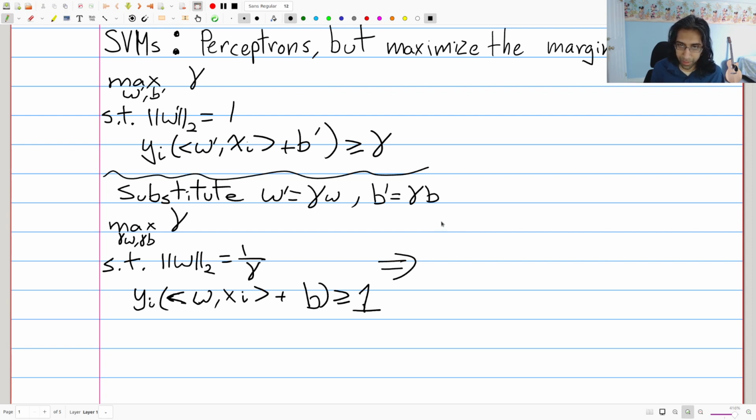I'll do this in two steps. The first step is eliminating this constraint by substituting it in right here. So we maximize over gamma w, gamma b, and this becomes 1 over the L2 norm of w, and we have these constraints.